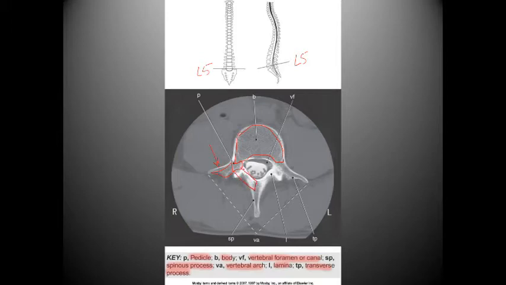Then we have a lamina bilaterally, converging together to form the spinous process. This image looks very interesting because we have something inside the spinal canal, which I'm anticipating is some type of contrasting material based on what we're seeing. So this could be something like a myelogram.